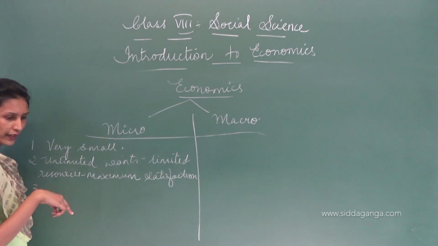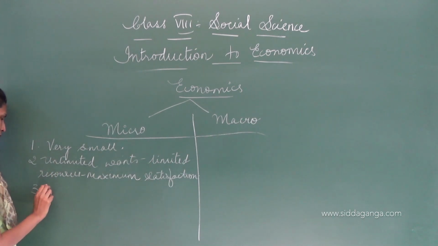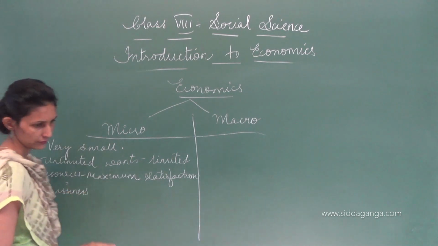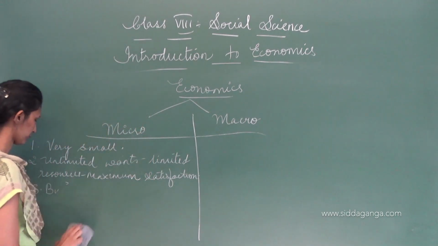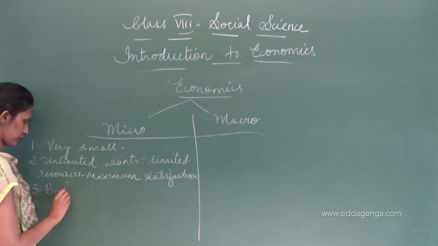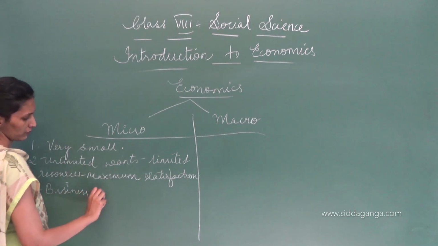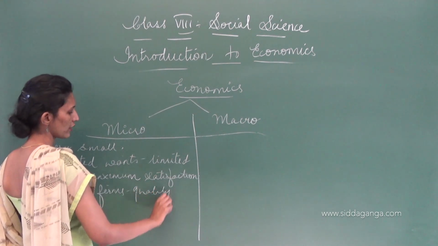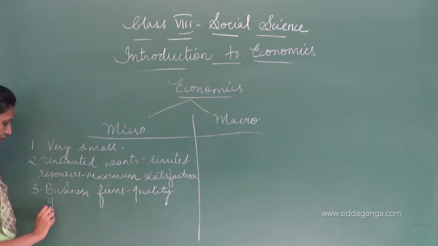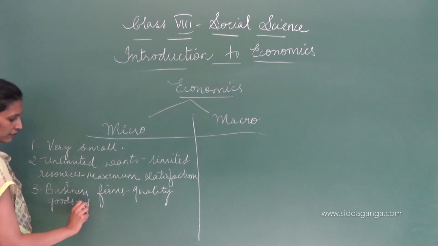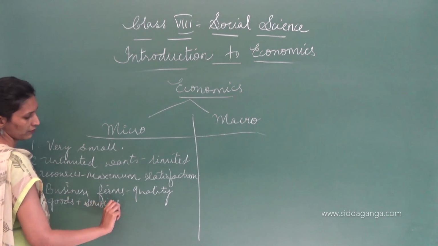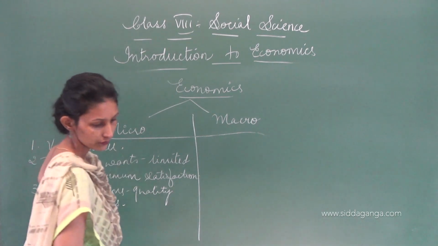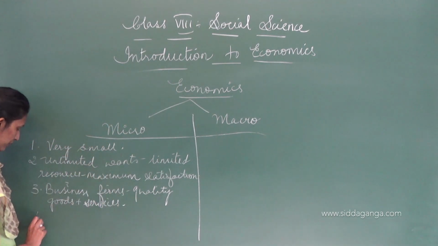Okay, the next one was business firms, quality goods and services. Then the third one is price determined, the fourth one.